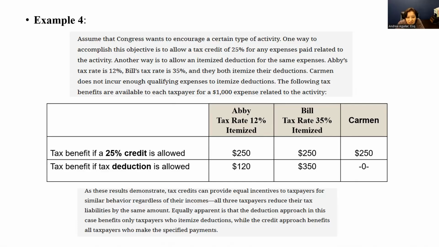Okay, so if the tax deduction is allowed, the benefit for Abby is $120, for Bill is $350, and for Carmen is $0, if you treat this as a deduction. Okay, so the tax credit can provide an equal incentive to all taxpayers for the same action, regardless of their income. So that is why the lawmakers are choosing to make this a tax credit as opposed to a deduction.